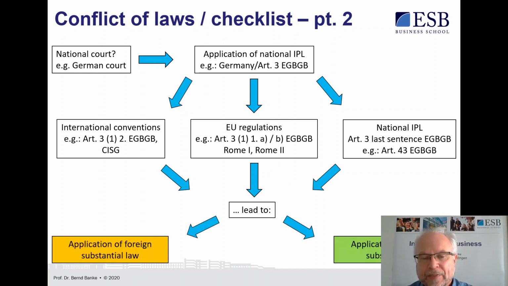And then that court, the national court in Germany or in France or in Ghana or in the United States, one of the states of the United States, will have to apply either their own law. In most cases, judges will be very happy if the conflict of laws system leads them back to their own national substantive law because they know that best. Or if it's not like that, then they will have to apply a foreign law system.